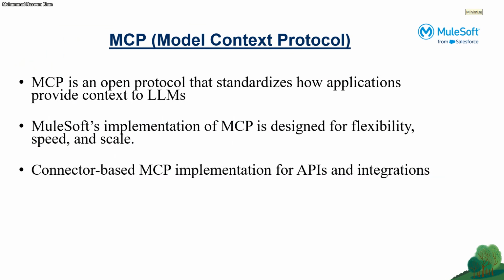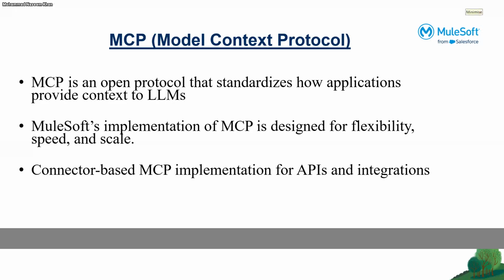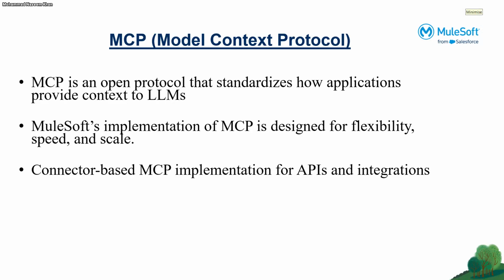MCP operates through a client-server architecture. First is MCP servers. These are the interfaces that connect to external data sources or tools, like GitHub, Google Drive, or whatever. They expose functionalities that AI applications can utilize.